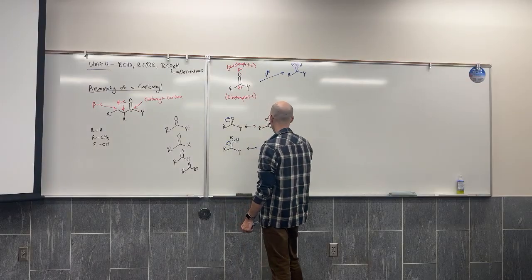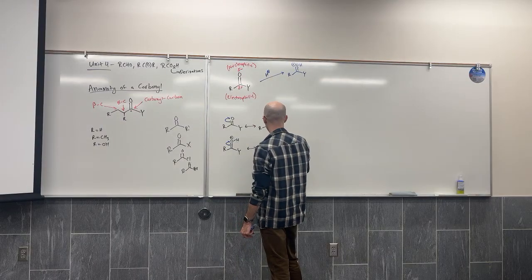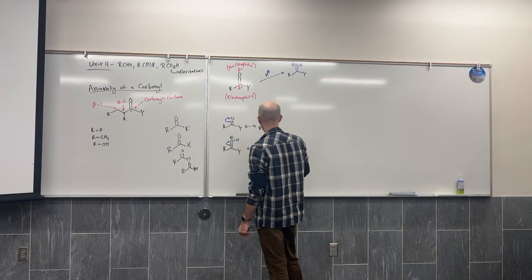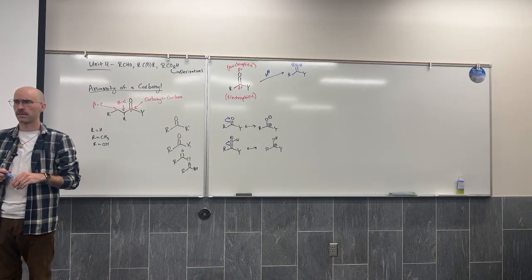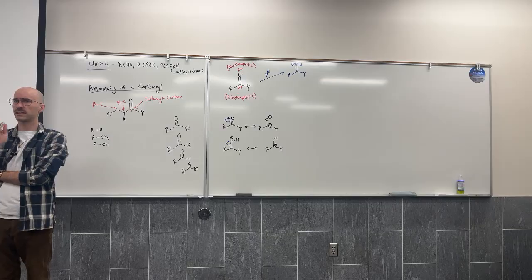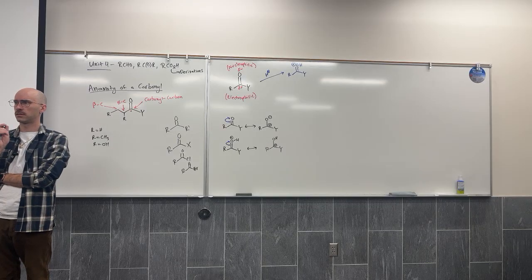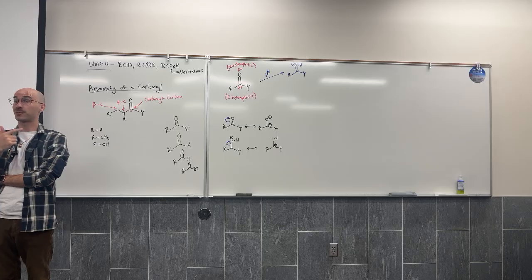And our other resonance form now doesn't look quite the same as last time. What is the difference now? No charge on the oxygen, meaning there's the same amount of charge between these two resonance forms.